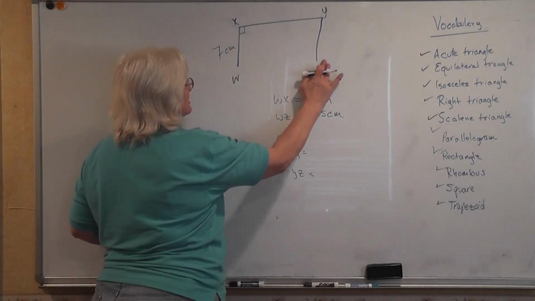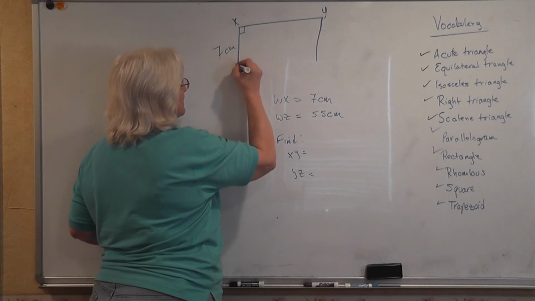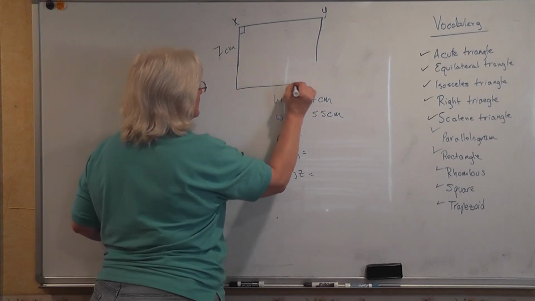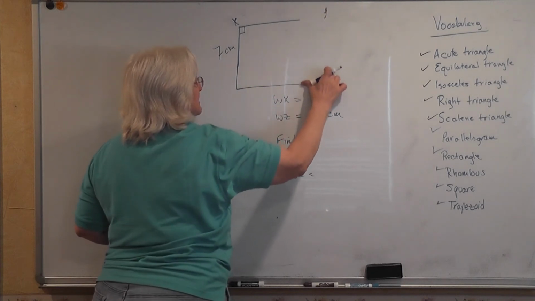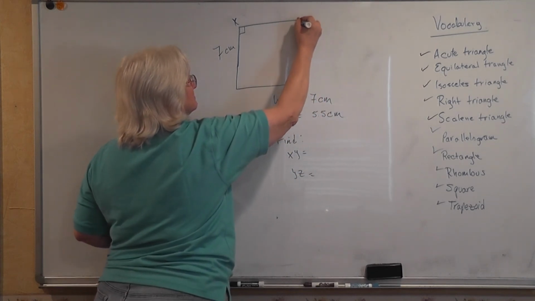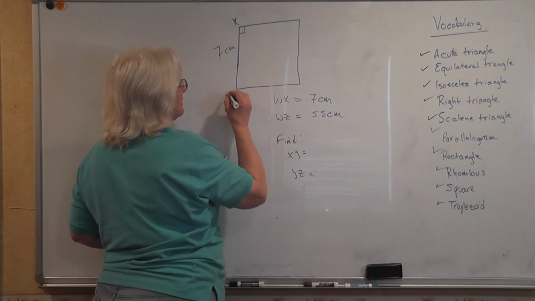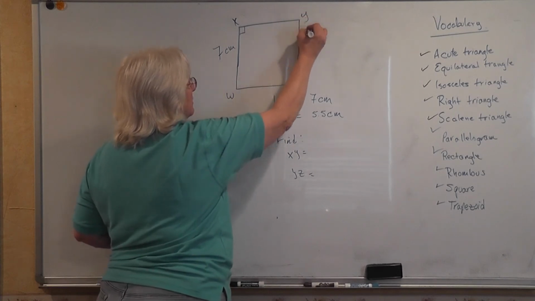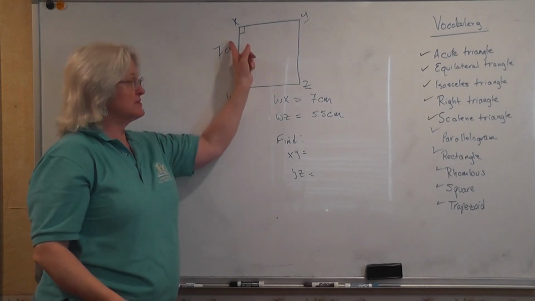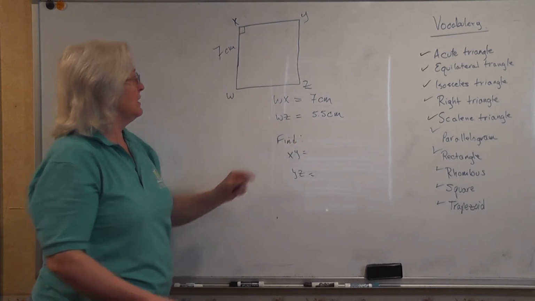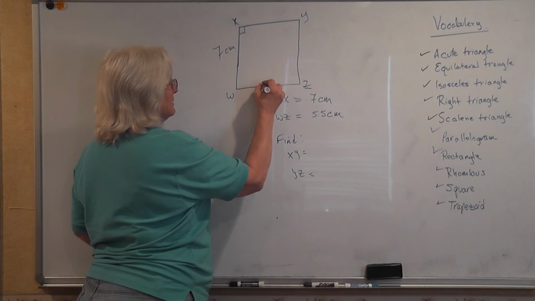Let me change this drawing so that this looks a little bit better shape-wise and doesn't mess with our minds. So I have W, X, Y, and Z. WX is 7 centimeters. WZ is 5.5 centimeters.